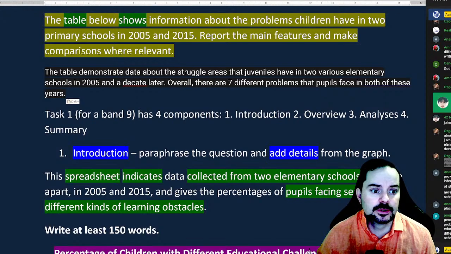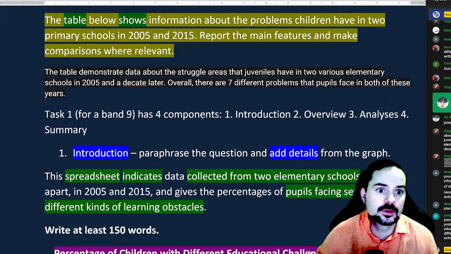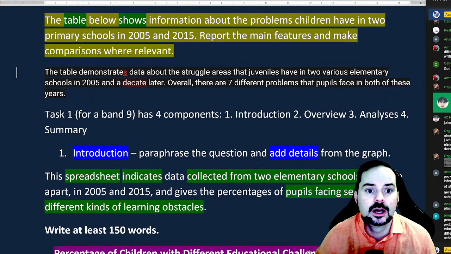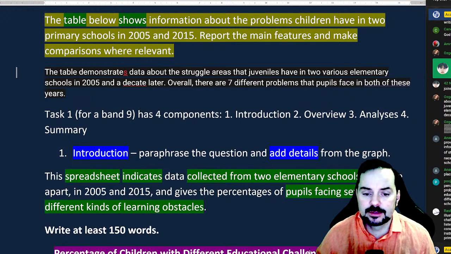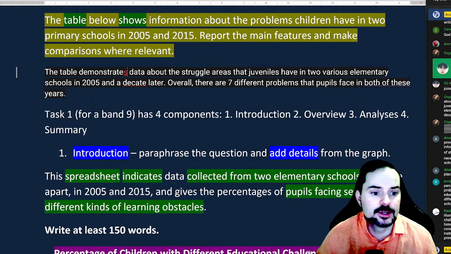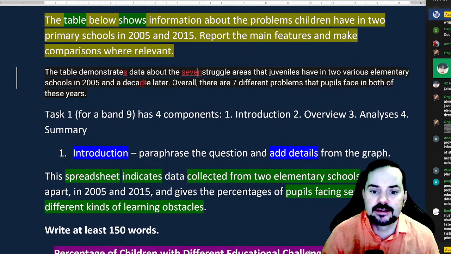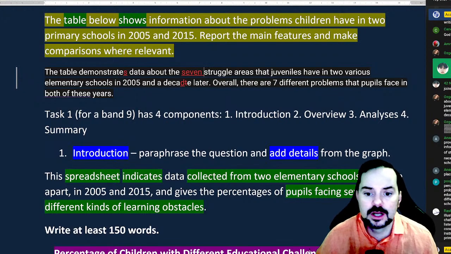Okay, so we look at what you write. So the table demonstrates, because it's singular, Oz, it would be an S there. Okay, so demonstrates data about struggle areas, about the struggle areas that juveniles have in 2 various elementary schools in 2005 and a decade, watch the spelling there, later. Okay, and you can write 7 struggle areas, so that's where you want to be specific, Oz.